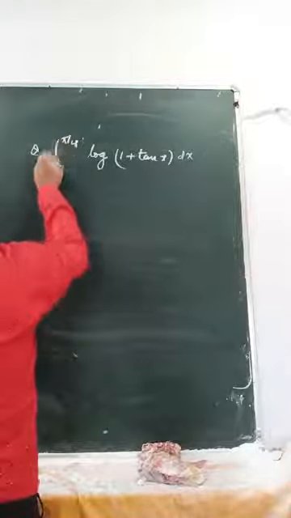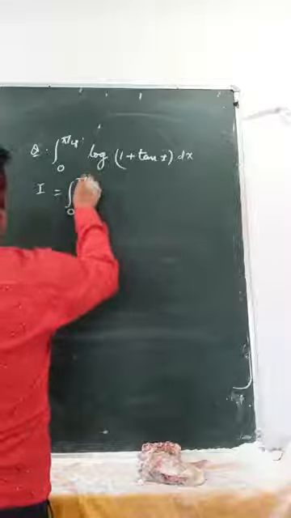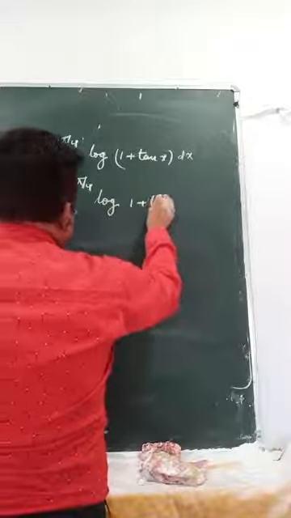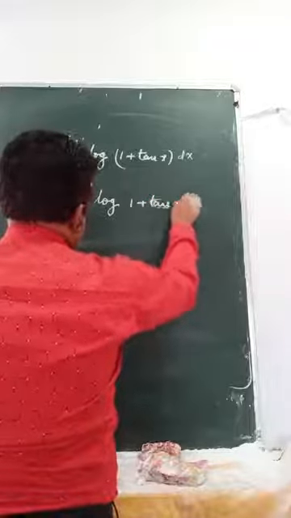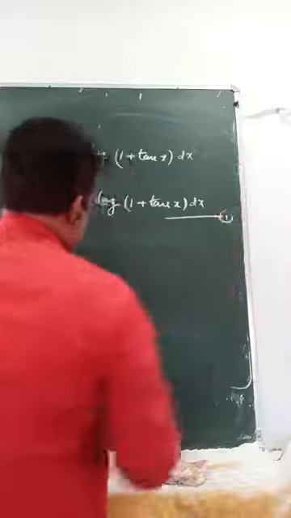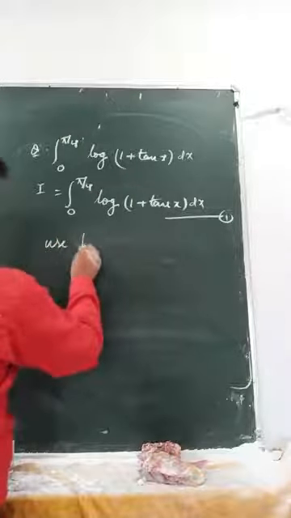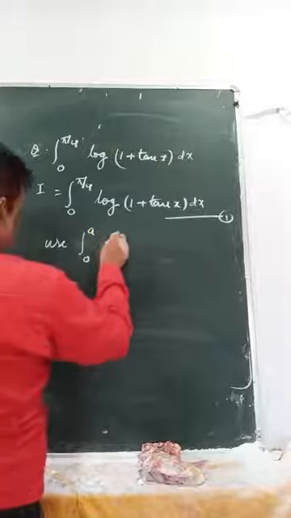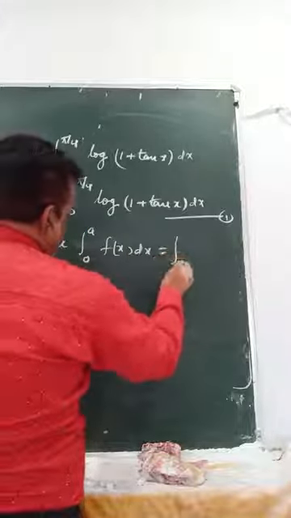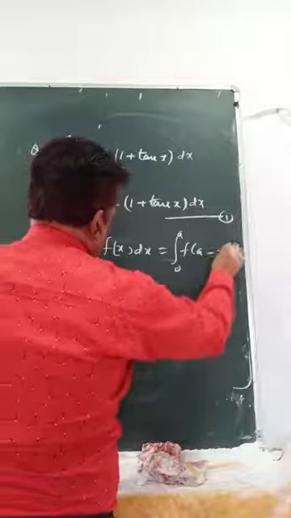This is your I equals to integral 0 to pi by 4 log 1 plus tan x dx. Use property 1: integral 0 to a f(x) dx equals integral 0 to a f(a minus x) dx.